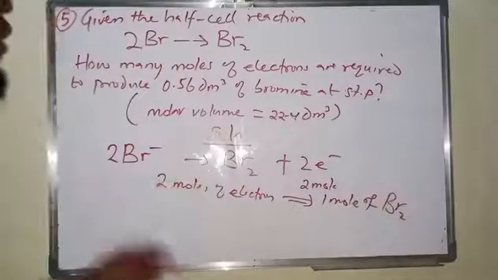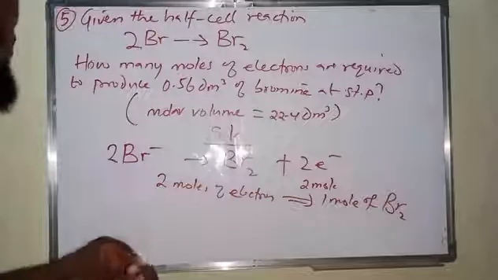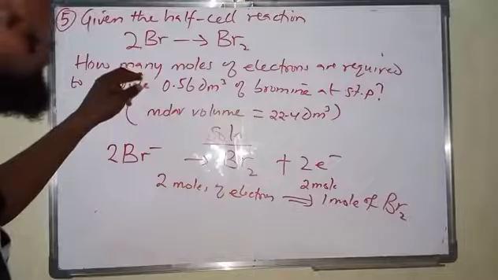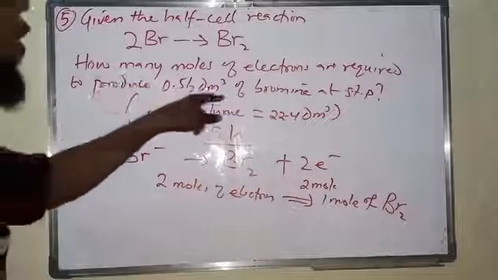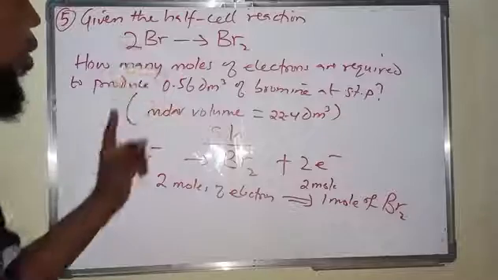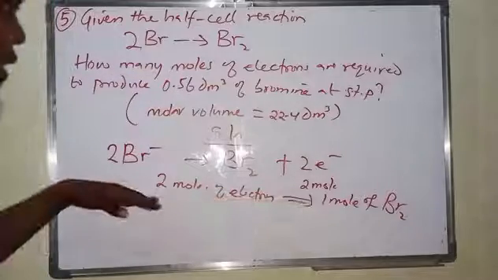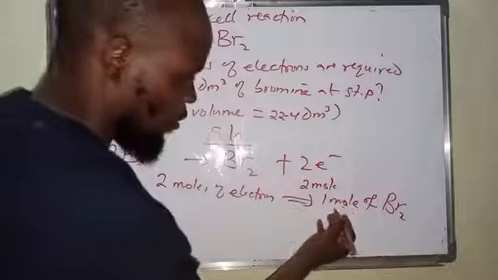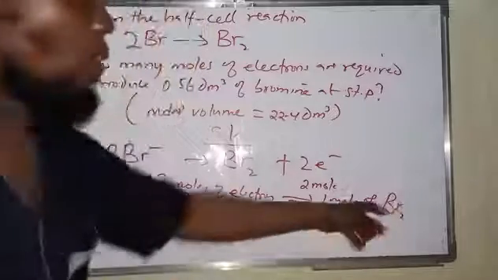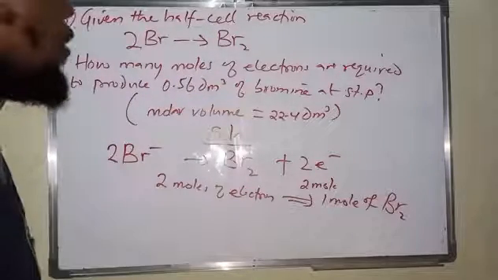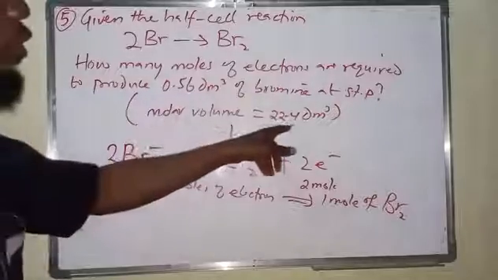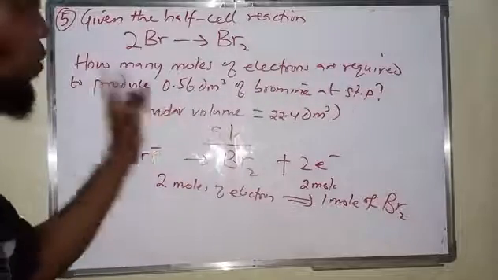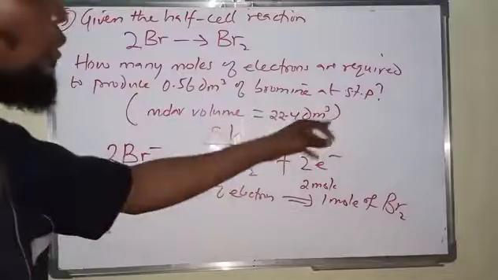That is from the equation. Another implication is that 1 mole of bromine gas should have a volume equal to 22.4 dm cube, which is the molar volume. Molar volume is the volume of 1 mole of a gas, 22.4 dm cube.